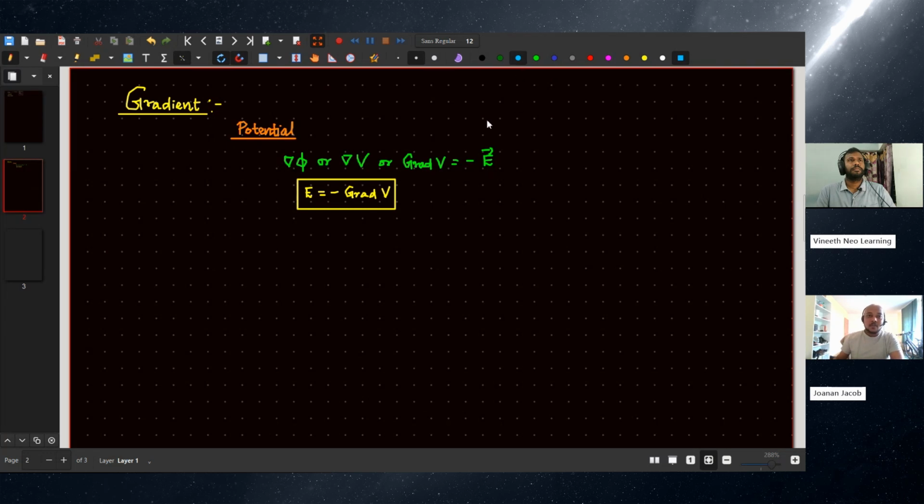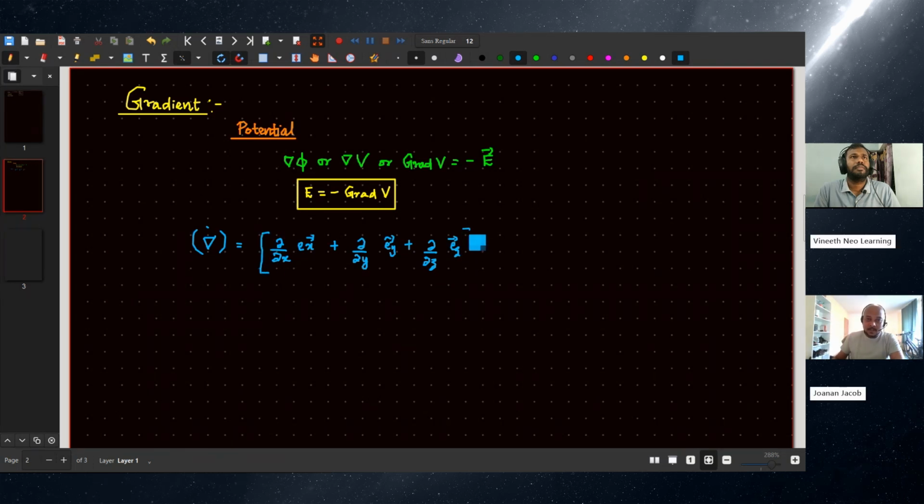So whenever we are dealing with the gradient of a scalar field, this symbol simply means dou by dou x in the x direction plus dou by dou y, partial derivatives in the y direction, plus dou by dou z in the z direction.